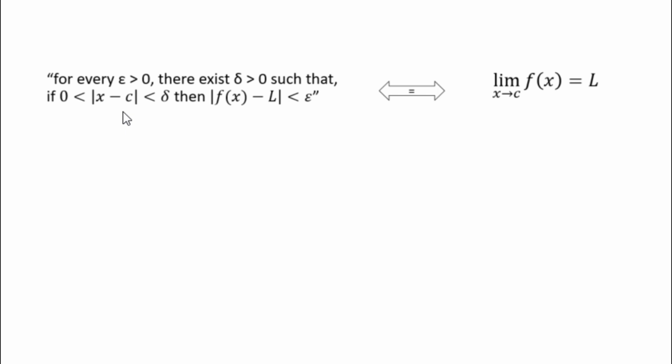To better understand this situation, we can think of it as an argument between two people. One is trying to convince the other that the limit of the function is really equal to L. The doubter would challenge the convincer by supplying a value for epsilon, whose purpose is to restrict the distance of f of x to L. As a response, the convincer will have to come up with the corresponding delta value that will, in effect, frame the values that x can take.